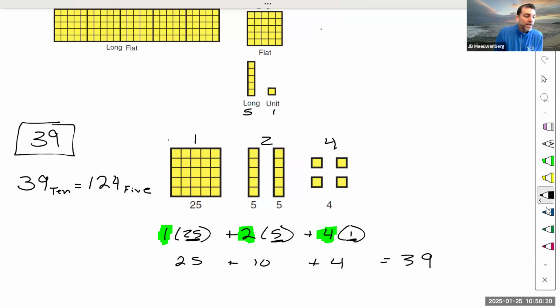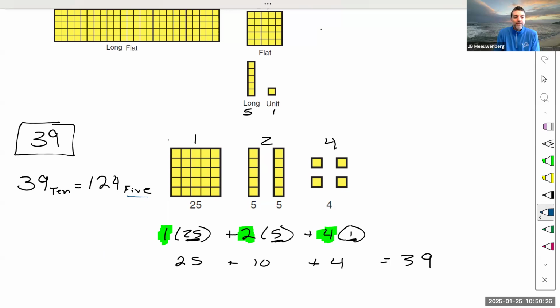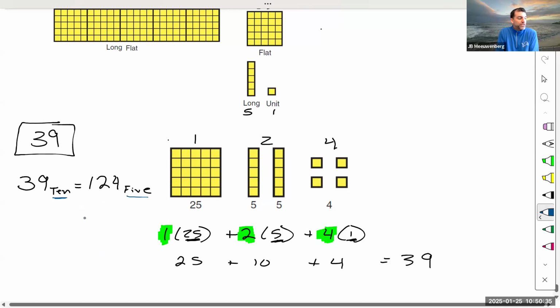If we want to tell a number that we're writing it in a different base, we just write the base down at the bottom. We don't have to do that with base 10. It's assumed that a number is in base 10 if we don't state it. So these two numbers are equal.